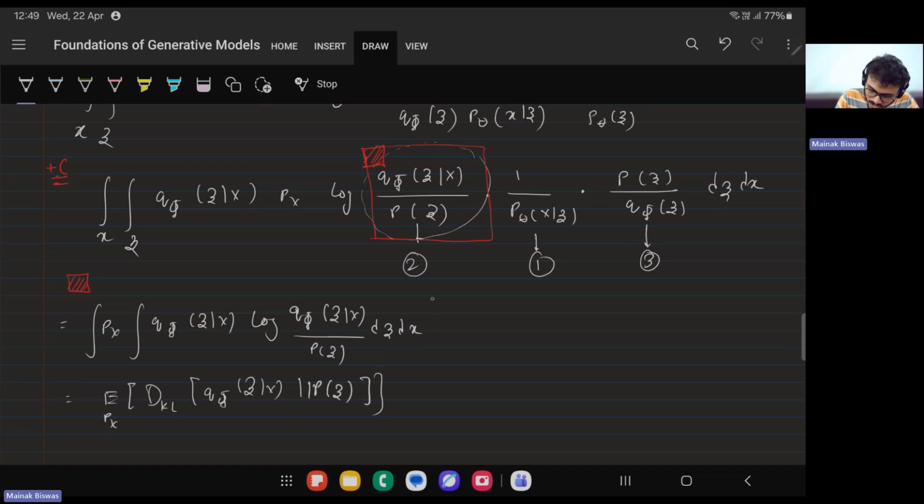The second term, as you can see, is an expectation over the data points x. So this is minus, because it is negative, the integral over x of p of x, q phi of z given x, log of p theta of x given z. This is my green term.